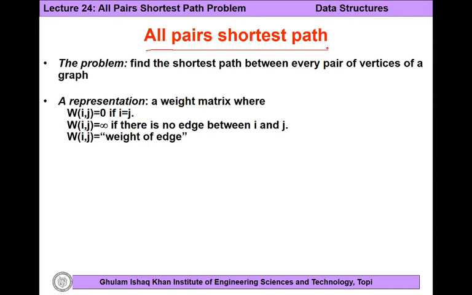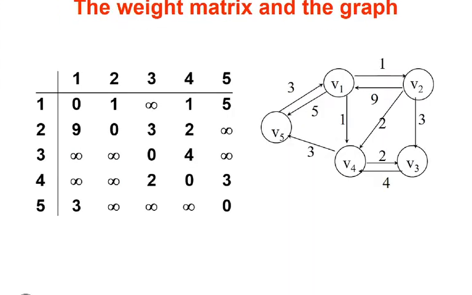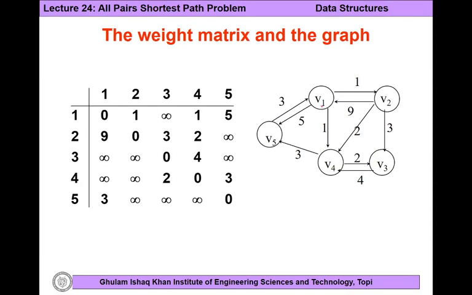Now, in the all pairs shortest path algorithm, the adjacency matrix which I have told you about is changed a bit. If you see here, we have 5 vertices, and these vertices are connected with each other using directed edges.